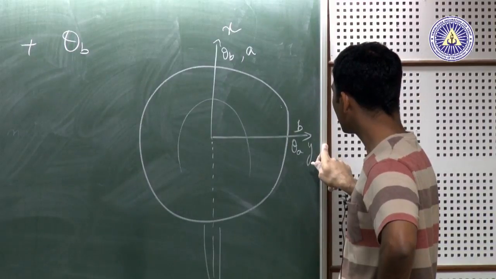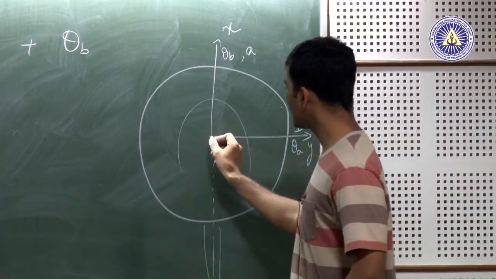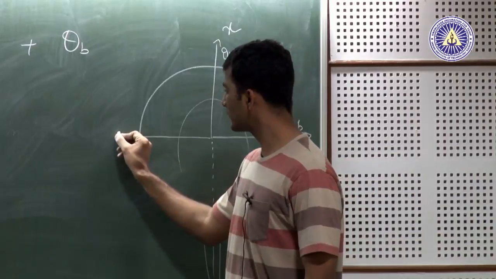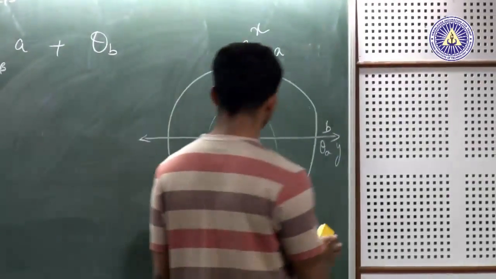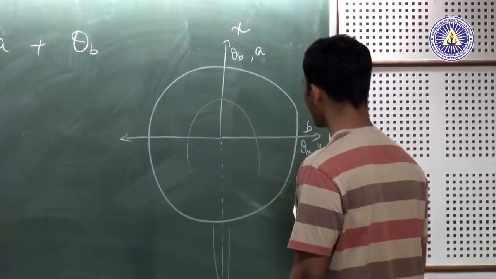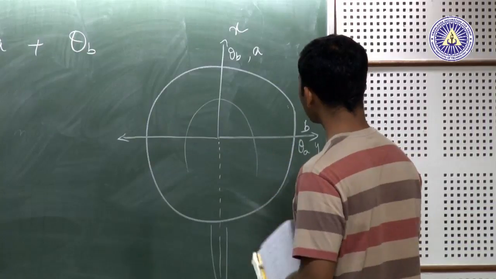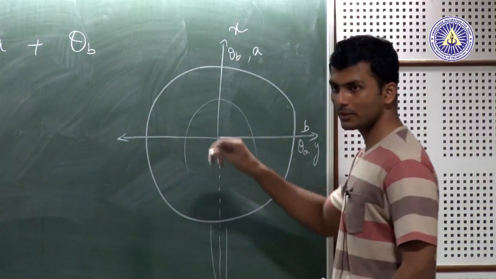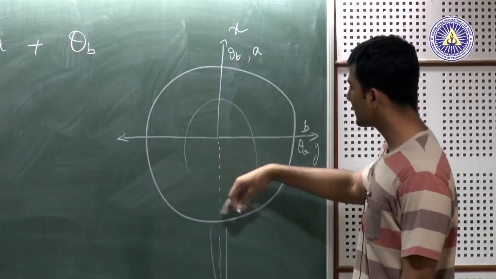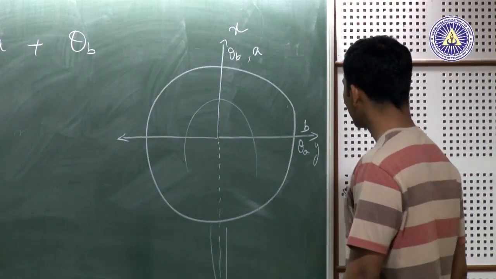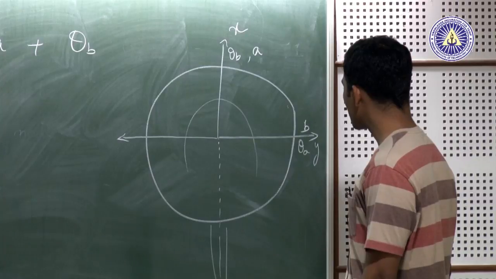I think I have made a mistake. I think it's the other way around. I'm sorry about that. No, once again it depends on the way the rotor is rotating. It's dependent on the direction of the rotation of the blade.